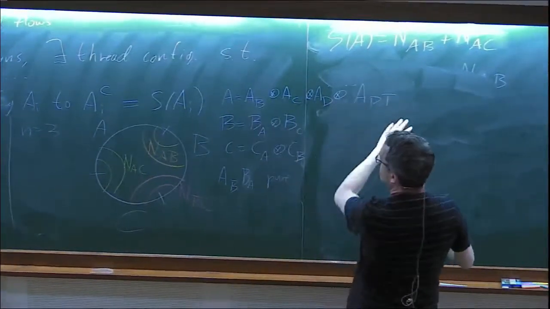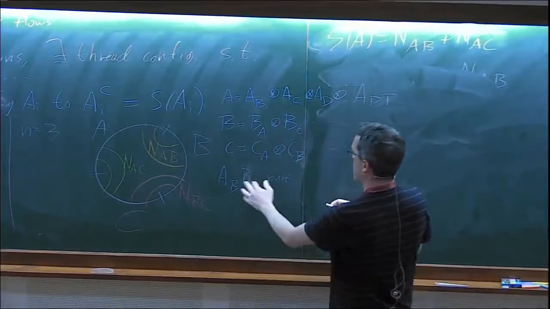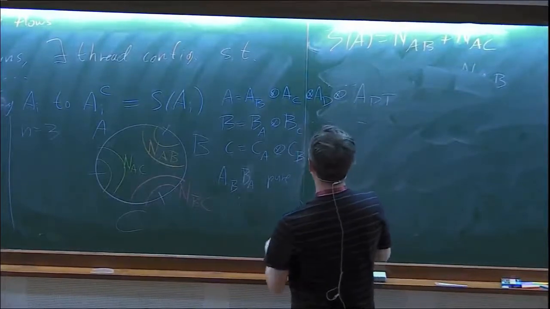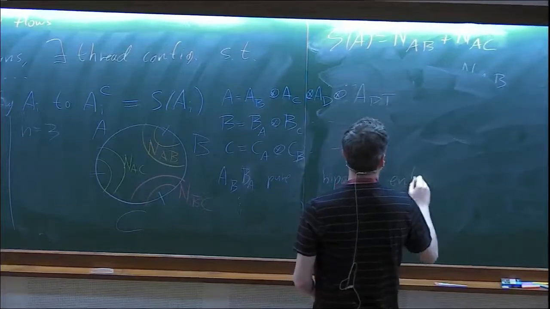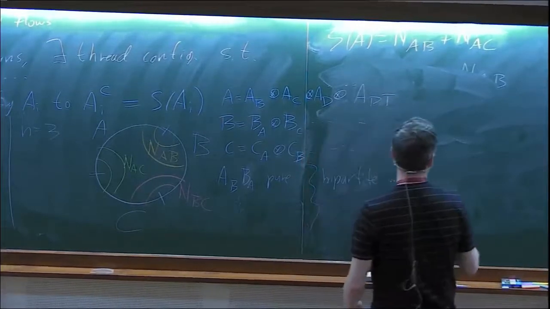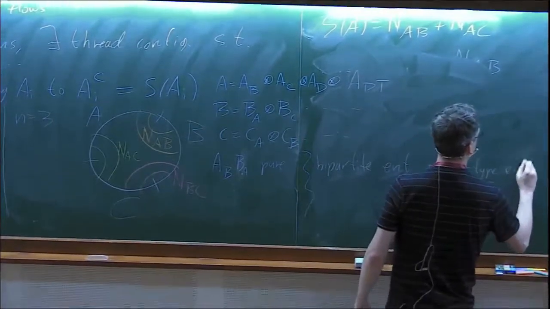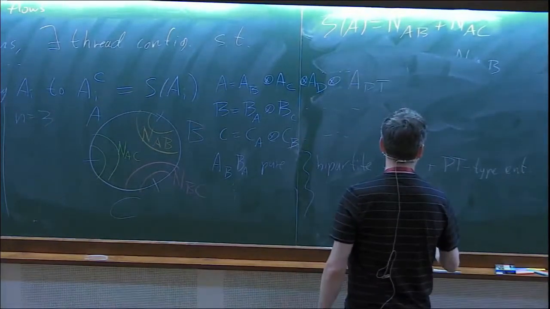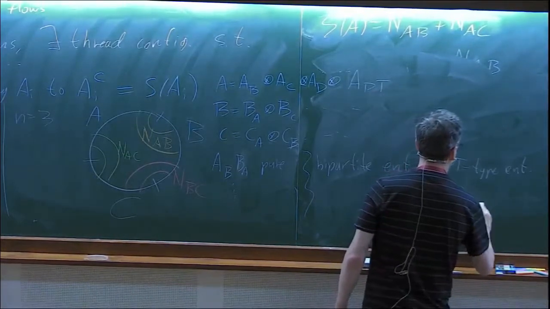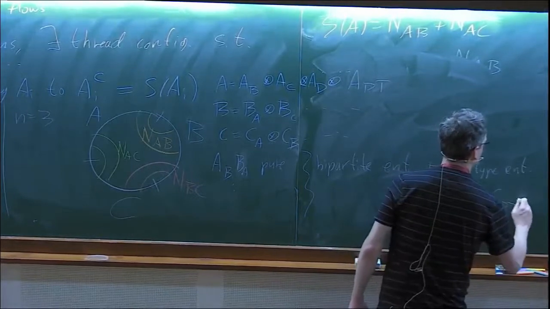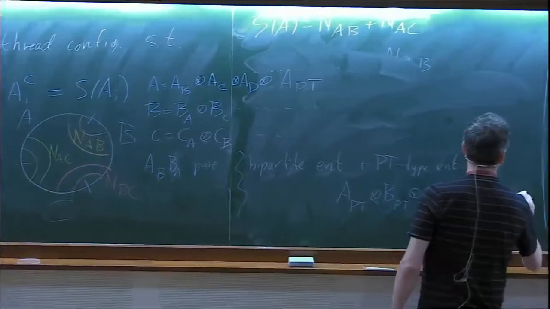So you have four parts, similarly for these, and similarly for D, etc. And so you just have bipartite entanglement. So these things, and perfect tensor type entanglement. So in other words, A, B, is equal to a perfect tensor.